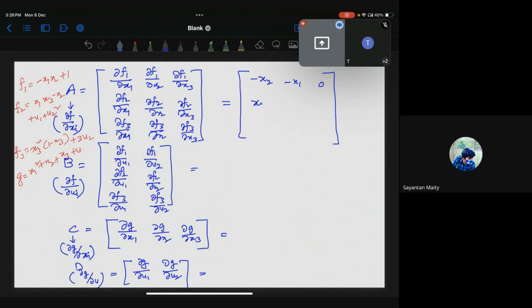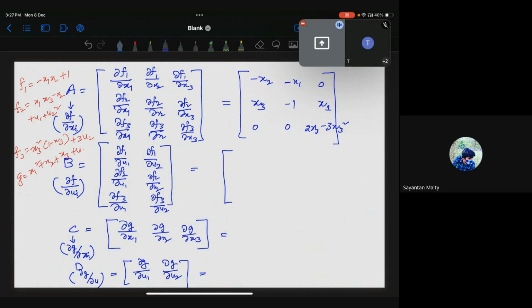Then the F2 expression with respect to X1 is X3, with respect to X2 is minus 1, with respect to X3 is X1. The last one is F3: with respect to X1 is 0, X2 is 0, X3 is 2X3 minus 3X3 square. I think it is correct. Okay, next.